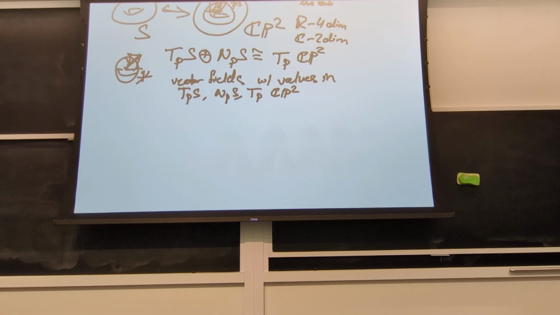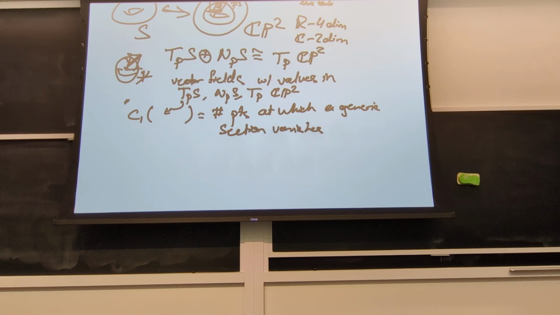And maybe using some notation which hopefully we did cover near the end, but if not, I'll just say C1 of any of these guys is going to be, quote unquote, the number of points at which a generic section vanishes.